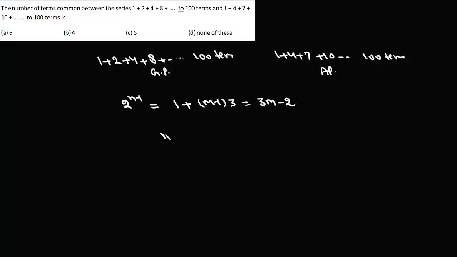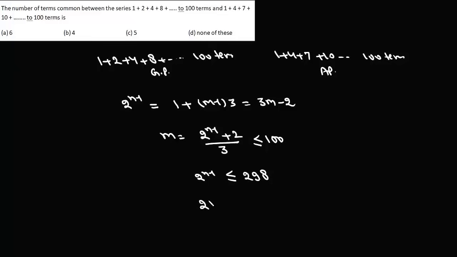Now we can write this m as 2 to the power of n minus 1 plus 2 whole divided by 3, and this m is less than or equal to 100, because it is pretty obvious that the last term of an AP will be much less than the last term of GP. So we can write 2 to the power of n minus 1 will be less than or equal to 298.